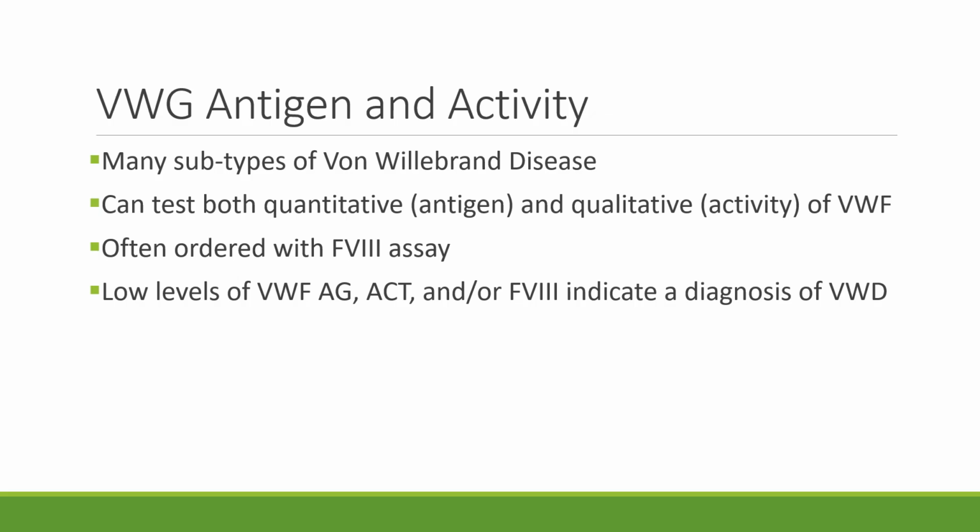Because remember, von Willebrand factor helps to stabilize that factor VIII. Low levels of von Willebrand factor antigen, activity, and or factor VIII indicates a diagnosis of von Willebrand's disease.